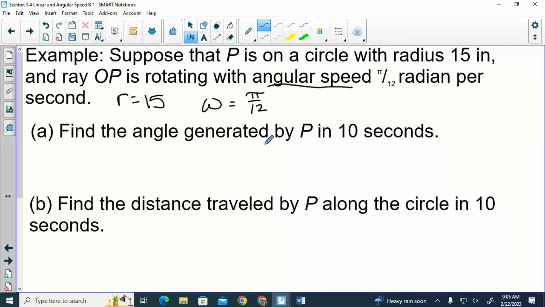Part A. Find the angle generated by P in 10 seconds. So this 10 seconds is my time. If I want the angle, what am I looking for? Theta.